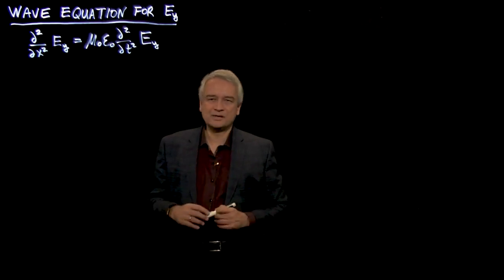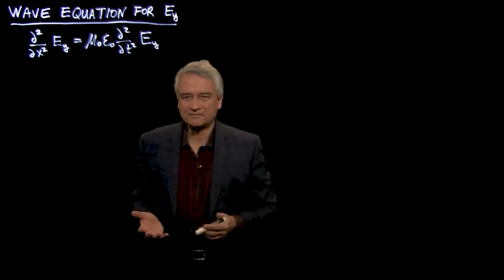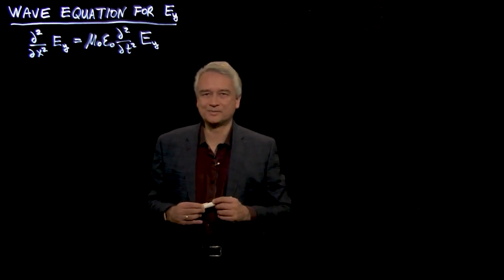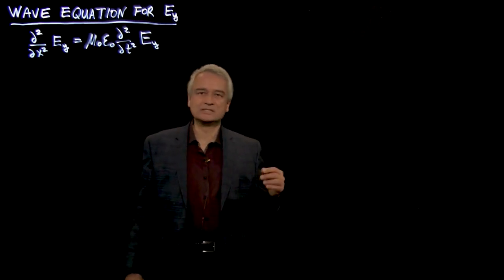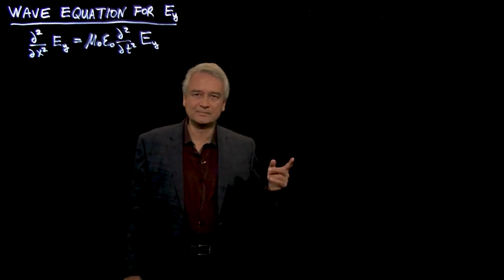We started with Maxwell's equations in vacuum, in particular Faraday's law and Ampere-Maxwell. No charges, no currents, so in vacuum. And we decided to look for solutions in which there was a non-zero EY and a non-zero BZ.